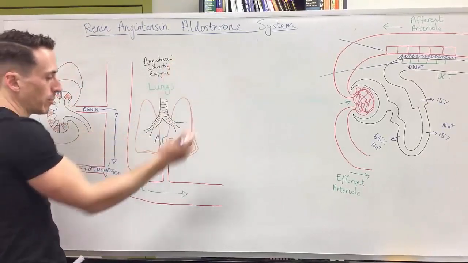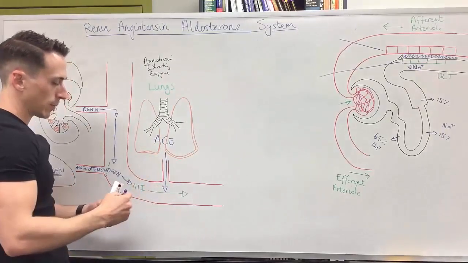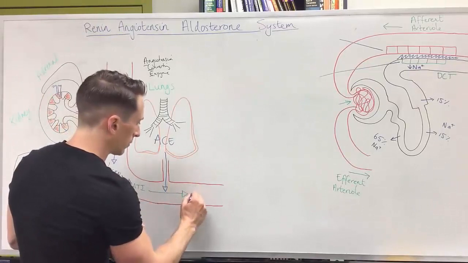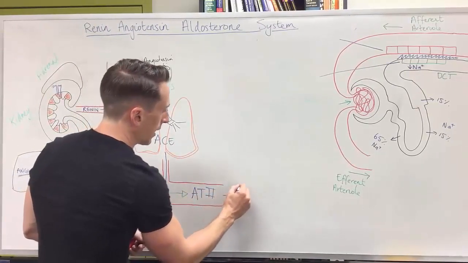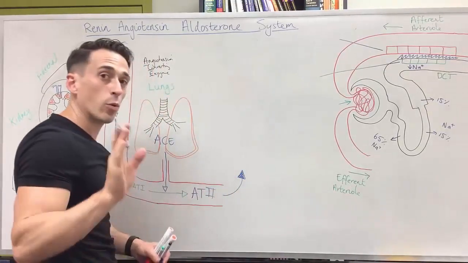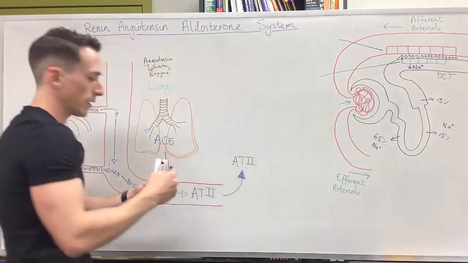Angiotensin converting enzyme, it's going to convert angiotensin 1 into something called angiotensin 2. Now, this is what we're interested in, angiotensin 2. What does it do? Couple of things.